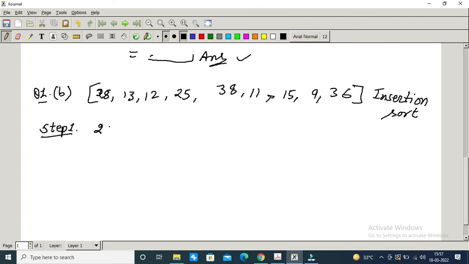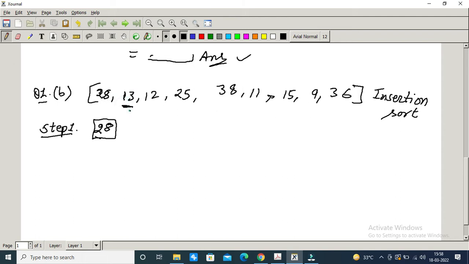So this element, 28, is already sorted. Now the loop starts from 13 till the end.